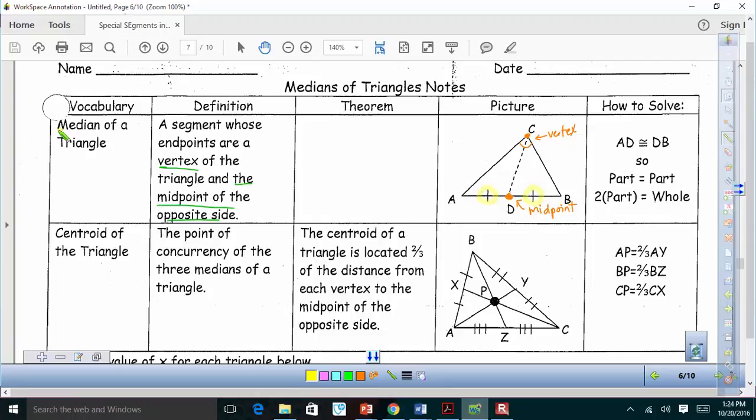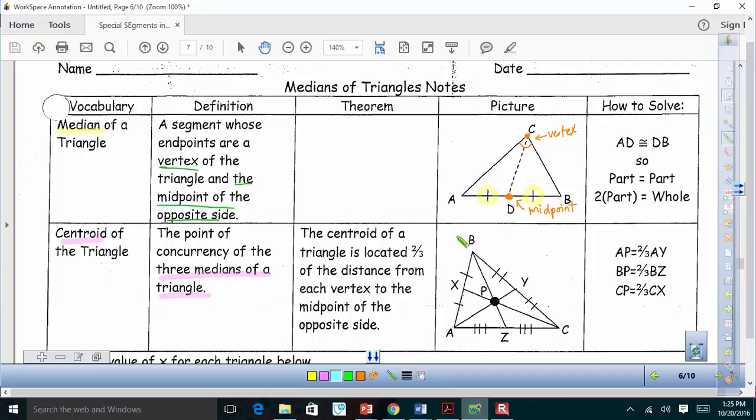Okay? Now, the center of the medians is called the centroid. And that's just where all 3 of the medians meet. Okay? So, looking at this picture, can somebody tell me what one of those medians may be? Remember, it goes from the vertex to the opposite side.